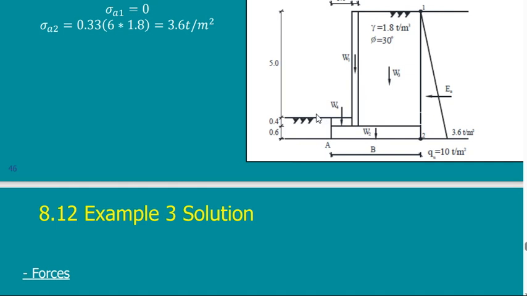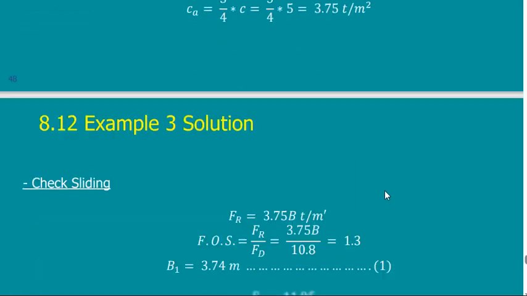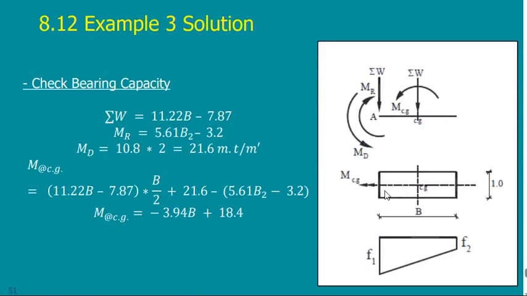I try to minimize all the givens so that you only have simple equations for the B, to get the B that would give you a factor of safety for sliding of 1.3. Substitute for a factor of safety of 1.3, get the B from the equation, and so on. So this is the third example.